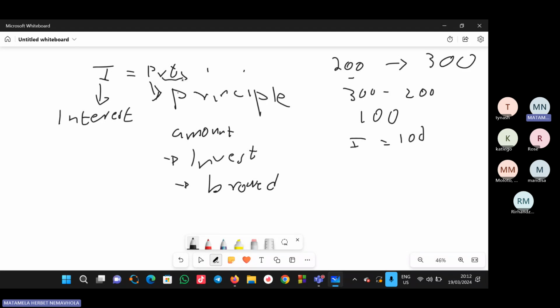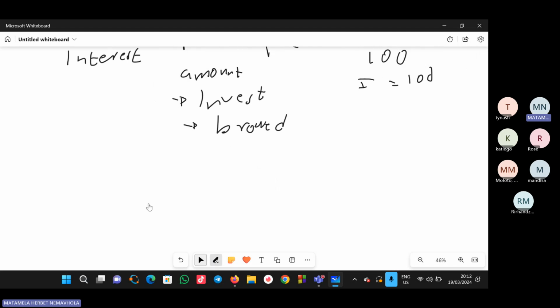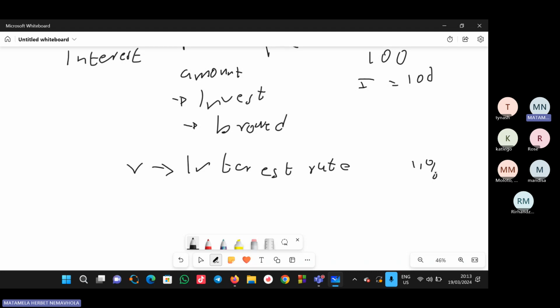And the R that you see there, I will write it down here. R in that equation is our interest rate. The interest rate is in terms of percentage. Normally you're going to find maybe they will say 11%, or even 14%, depending on the question.